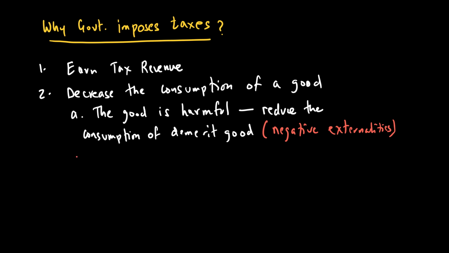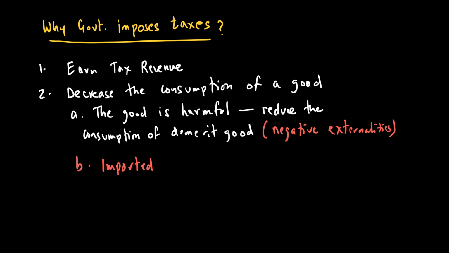The second reason within this for putting indirect taxes is on grounds of reducing the consumption of imported goods. So sometimes we decrease the consumption of a good which is imported.